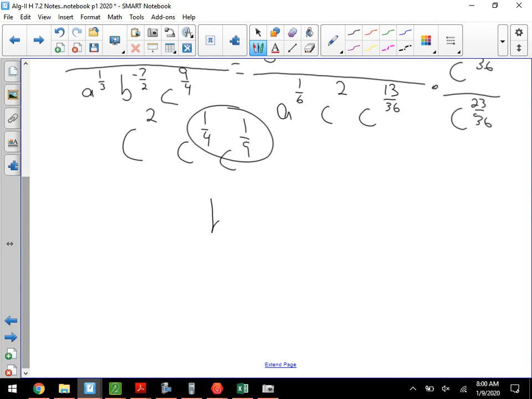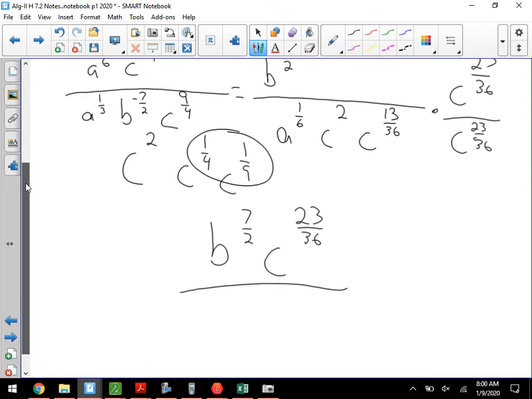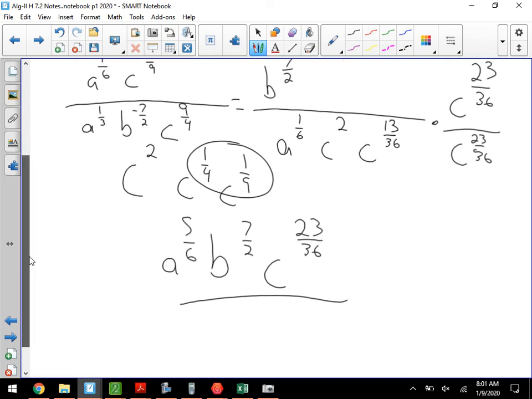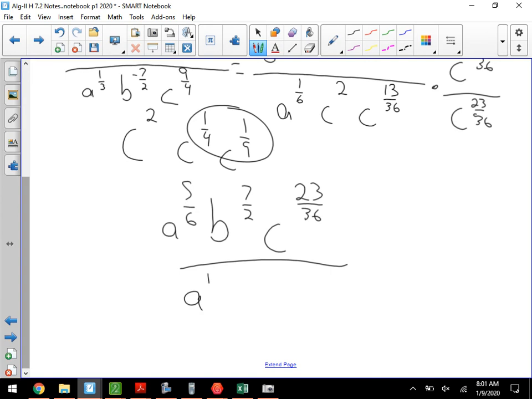B, 7/2, C, 23/36. Oh, and 8 to the 6th. I gotta make a whole here. How many more 6ths do I need? 5/6. That's pretty easy. I'll put this up here. 8 to the 5/6. So now my denominator is A to the first power, and then C to the 4th. Oh, sorry, third. Because this was 2 and then plus 1.